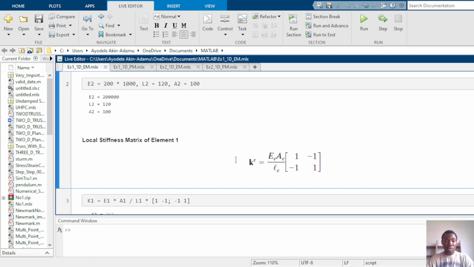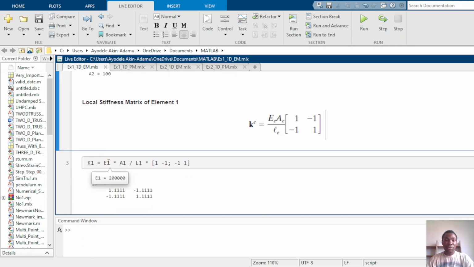So we can define the local stiffness matrix of element 1 by using the geometric and material properties which we have already stored in the MATLAB memory. I'm representing my local stiffness matrix of element 1 by K1. So the E for K1 is E1, which I stored in my MATLAB memory at the beginning.